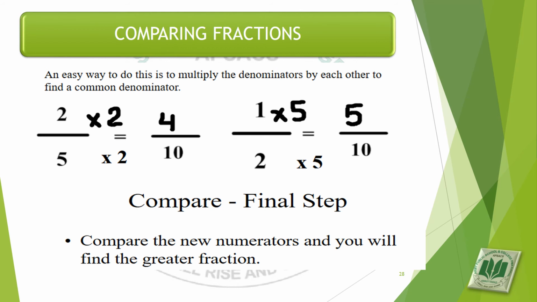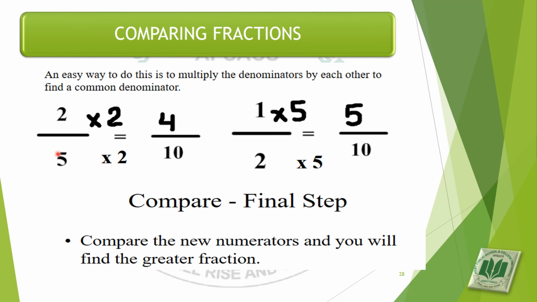An easy way to do this is to multiply the denominators so that we can get a common denominator. We are given in the example 2 by 5 and 1 by 2. So here the denominators are 5 and 2. We have to make these denominators common.